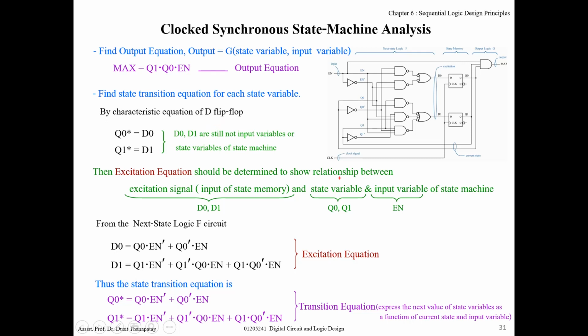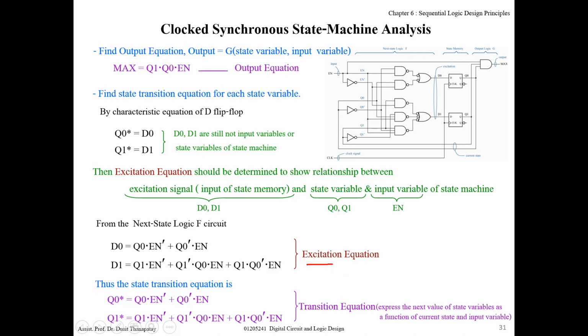And the excitation equation: if you consider just circuit F, its output is the excitation signals D0 and D1 for these equations.